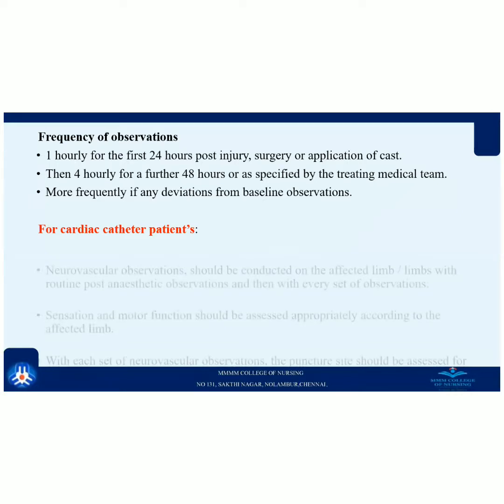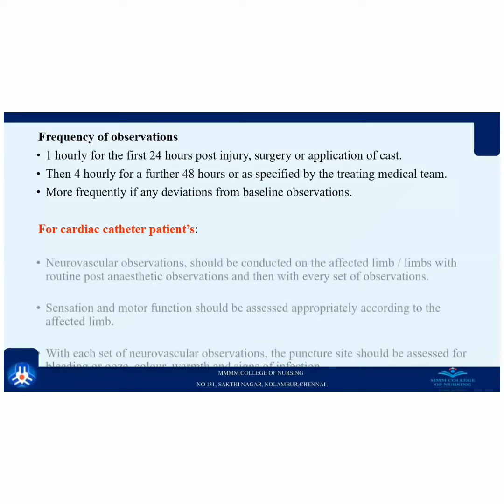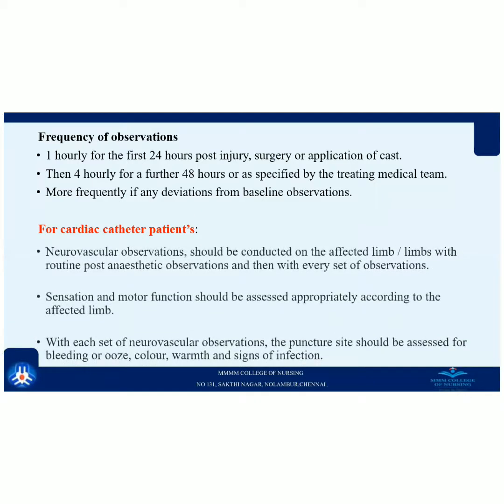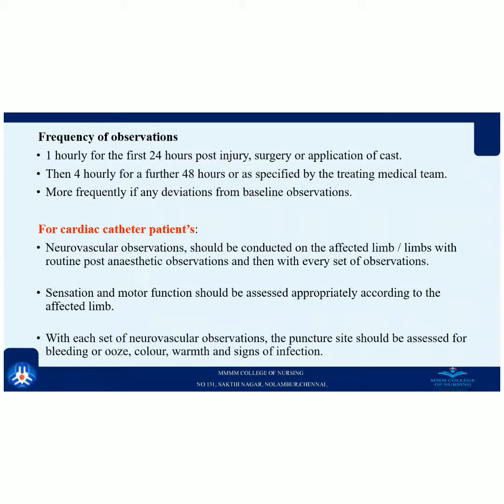is performed for patients who are undergoing cardiac catheterization. Neurovascular assessment should be conducted on the affected limb with routine post-anesthetic observation. Then, with every set of observations we make on the catheterized limb, the assessment has to be performed. Sensation and motor function should be assessed appropriately according to the affected limb.